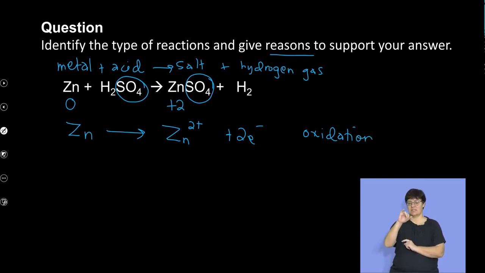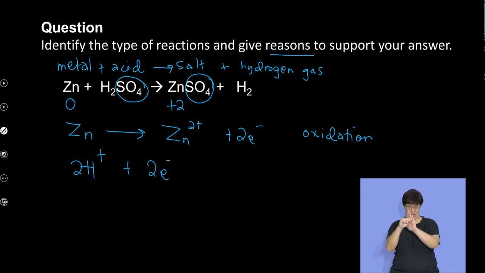We're onto something now. If we look at hydrogen, in this case the hydrogen is plus 1, so it's 2H plus, these two of them, plus 2 electrons, because the oxidation number of hydrogen in its molecular form is 0. It means these hydrogen ions gained electrons.